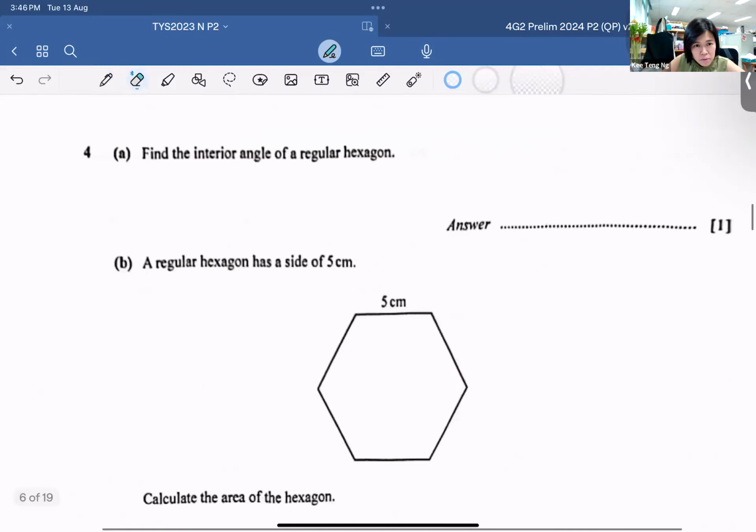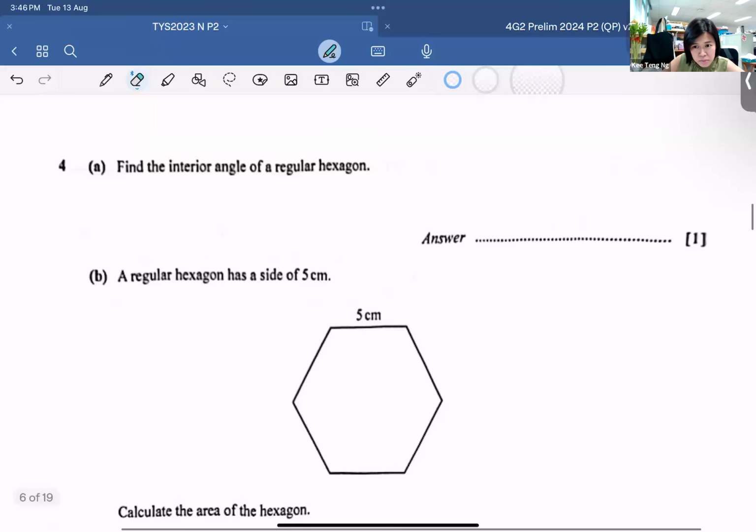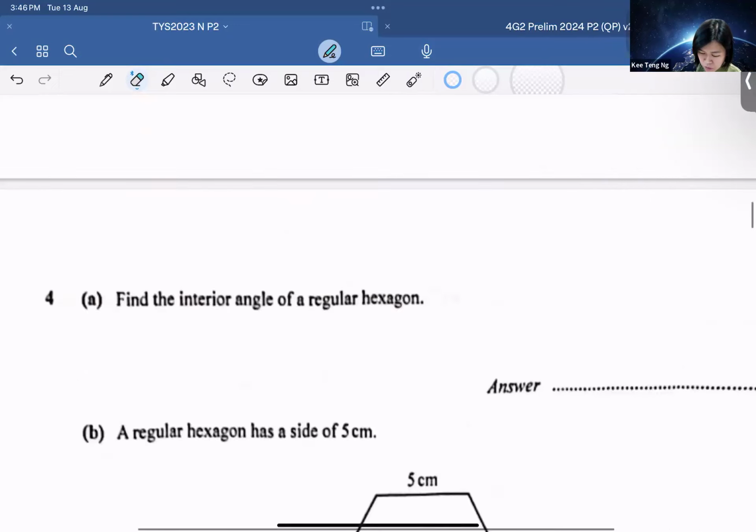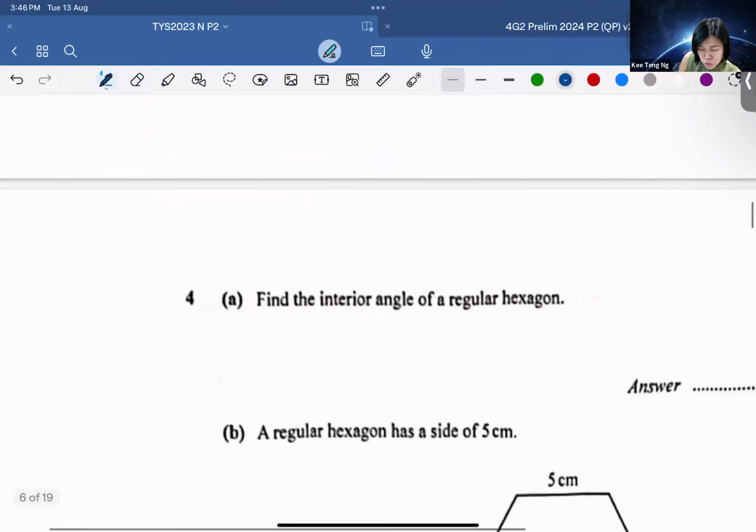Okay. Next one, polygon. If you cannot remember this, please study. Please watch my video, there are polygon videos themselves. Okay. First, what are the different formulas of a polygon that you need to remember?